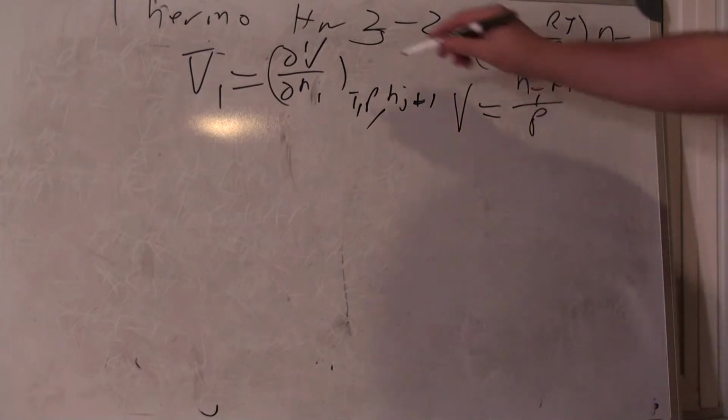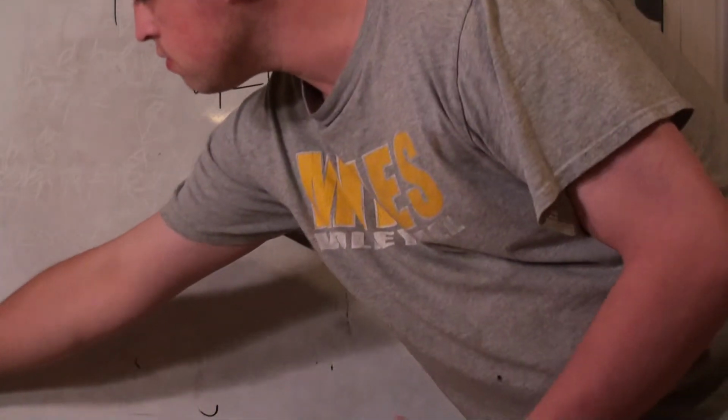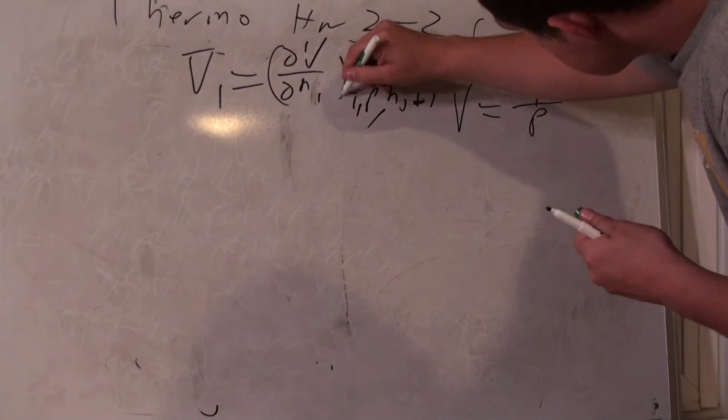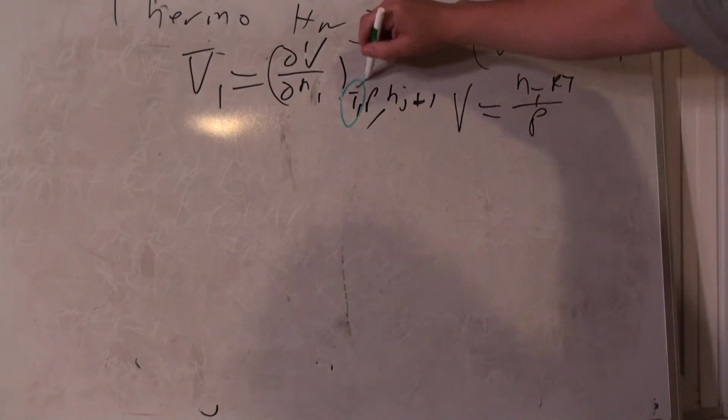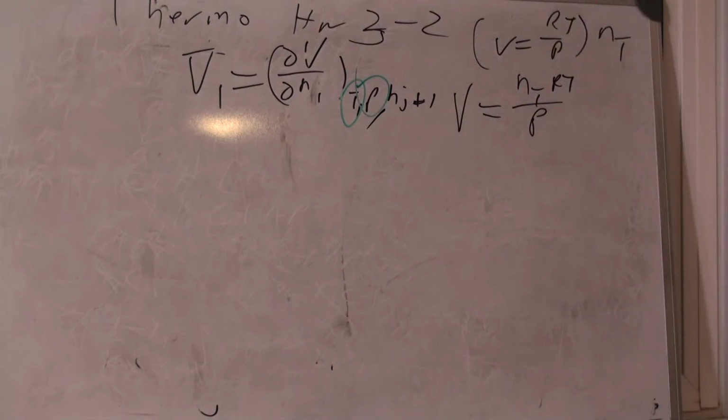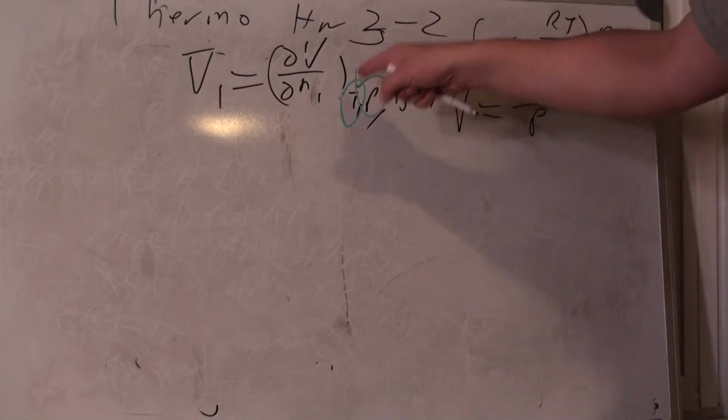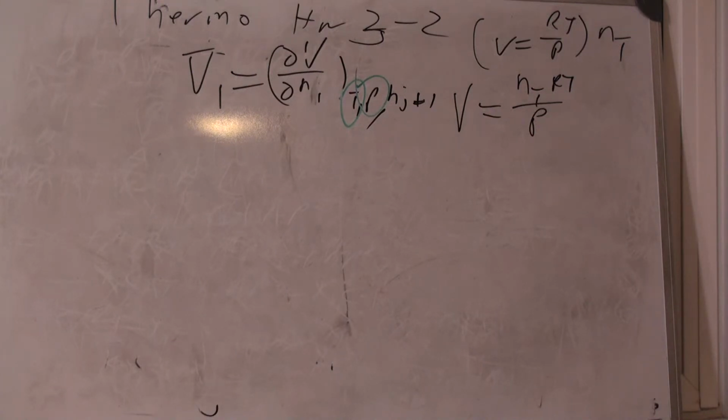Doesn't matter. That says it's constant, and that says P is constant. So I don't care if T can change with changing moles. I don't care if P can change with changing moles. Doesn't matter, because I've told you that it's constant. So I have to assume those are constants also.